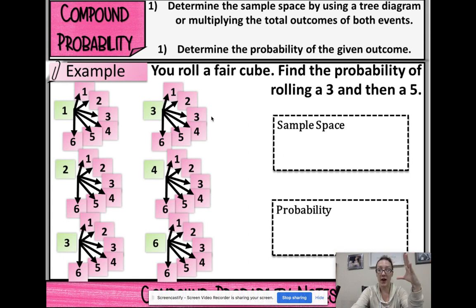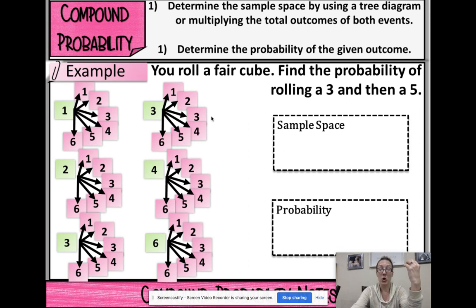So let's talk about how we can do this a lot easier with math, right? We learned about the counting principle, which is where you multiply. We're going to use that. So let's think about our sample space. We're not going to list everything out, but instead we're going to think to ourselves, how many possible outcomes are there?